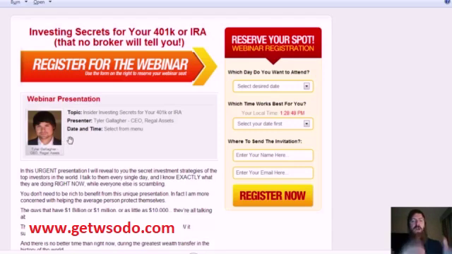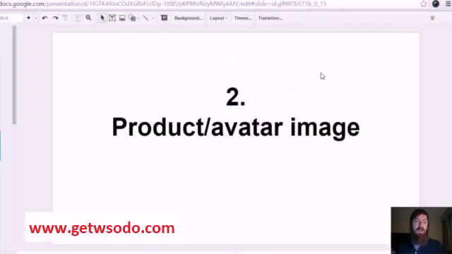Of course, I know this is the presenter, but the point is you want a picture of somebody in your target market, or a picture of the product. In this case, the product being sold is a 401k or an IRA, and you can't really see it. So it's better to have a picture of the typical person you're going to be trying to get to buy your stuff.